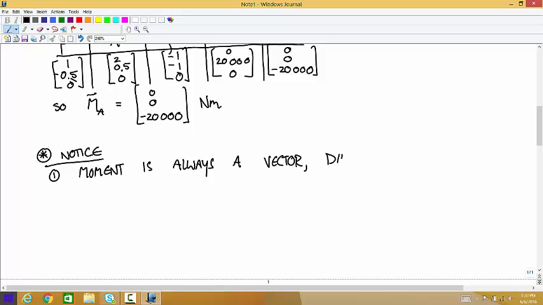And its direction is the axis of rotation according to the right-hand rule.